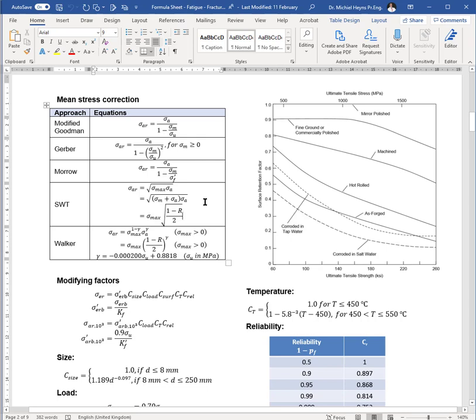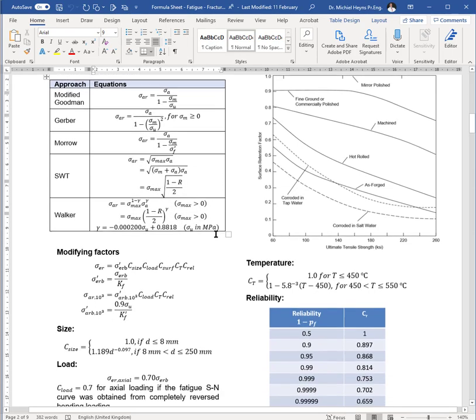So what I'm going to do is calculate the completely reversed stress amplitude in a small Excel sheet in our report, and just compare the completely reversed amplitudes that are calculated from these for the problem. And then here we have the Walker equation as well. So we need to do some sort of a mean stress correction. And now we're going to start by looking at that.